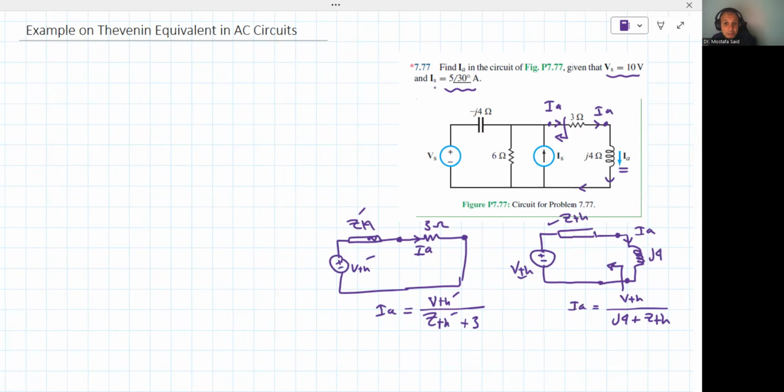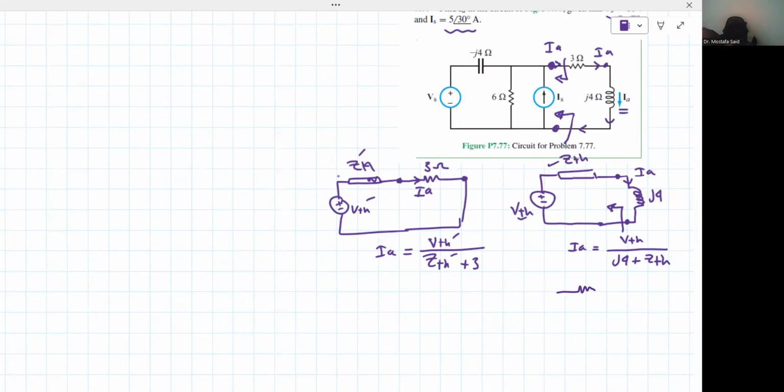One might say, no, I'm gonna take the whole branch and look from the two terminals of the whole branch together. I'm gonna take this node and that node and look that way. That means we're gonna have the 3 ohm like that, the inductor like that, and we're gonna look like that. Again, we're gonna have a V Thevenin double dash.